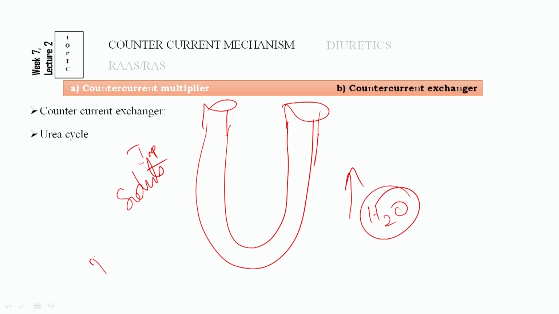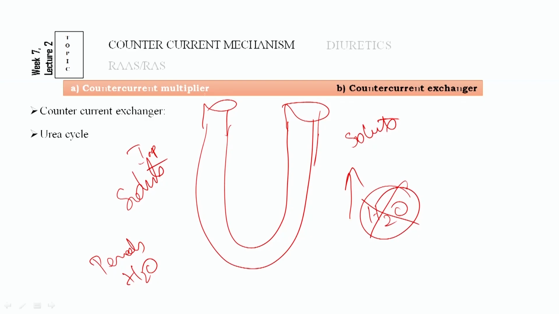So here which one is permeable? The water is permeable, whereas here the solute is permeable, and water is non-permeable. Remember, this is one important rule you should remember before studying the countercurrent multiplier system.